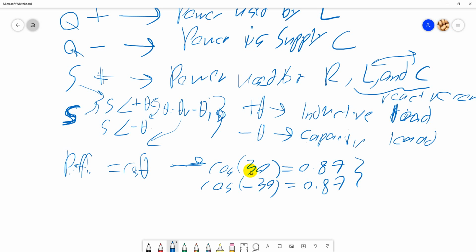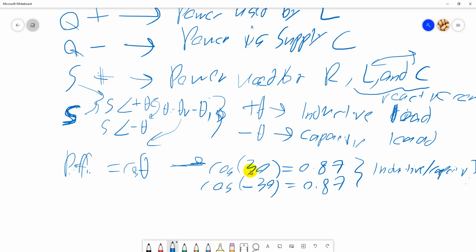So you cannot differentiate inductive or capacitive. So when it comes to power factor, when you do calculation, make sure that you mention it. Remember, I mentioned before in the basic AC circuit that there are inductive types of circuit and capacitive types of circuit.